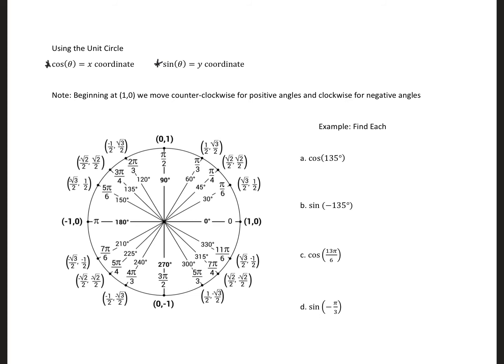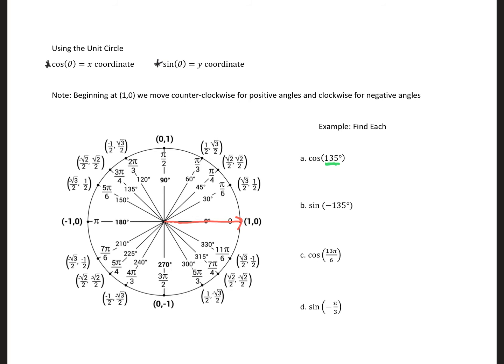I also want you to note that when we're given angle measures, the way we find that position in the unit circle is we start essentially with a ray at the point (1, 0), and if the angle is positive, we're going to move counterclockwise. If it's negative, we're going to move clockwise. So let's say we wanted to find cosine of 135 degrees. That's positive 135 degrees.